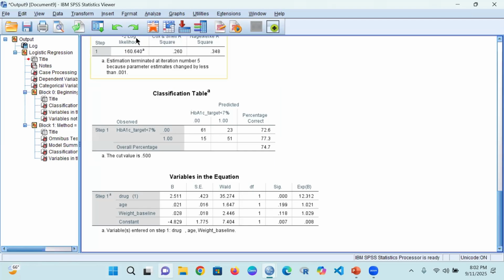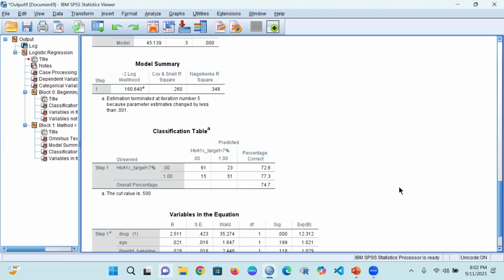So for example, a patient who is under the drug has 160 times the odds of achieving less than 7 compared to a patient who is on placebo.